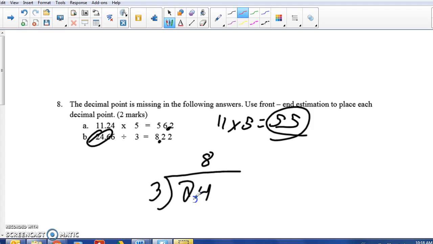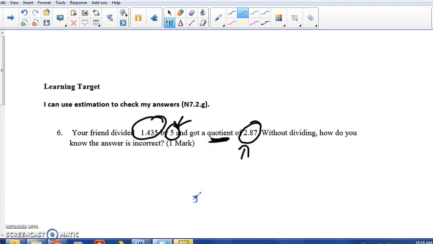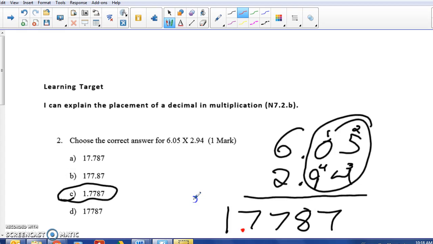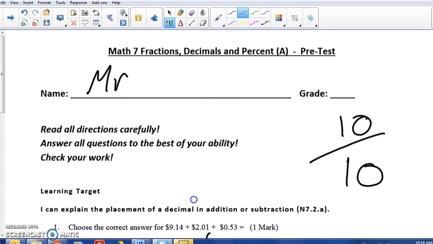And make sure you put the decimal in the right spot in order to get your marks. So that leaves us with a total of 2, 3, 4, 5, 6, 7, 8, 9, 10 marks. So give yourself a mark out of 10 on the front page, right? Just like here. Hopefully you got 10 out of 10. Your name goes here, and your grade 7.